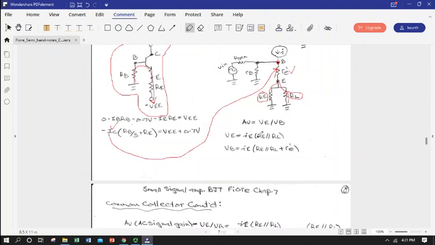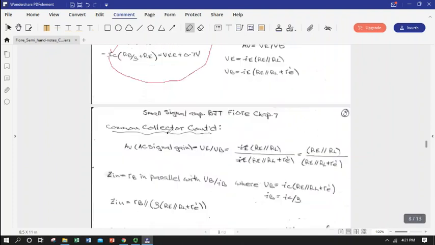V sub E is emitter current times R E R L parallel combo, and then the base is that same thing in series with the base emitter resistor. So not too hard. We can ratio these two down here and come up with this expression for gain. So this parallel combo over this parallel combo plus this defines our gain.